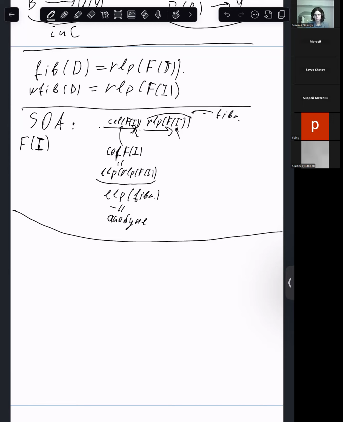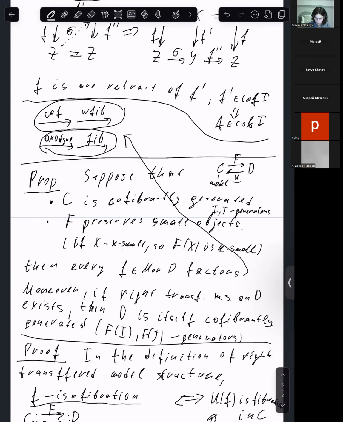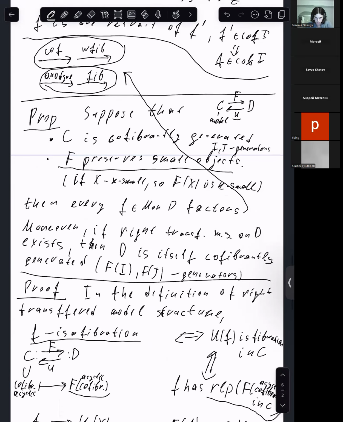So in conclusion, we know that if category C is cofibrantly generated, and the left adjoint functor preserves small objects, then we have a part of our theorem, the first condition in our criteria of existence of right transfer structure.